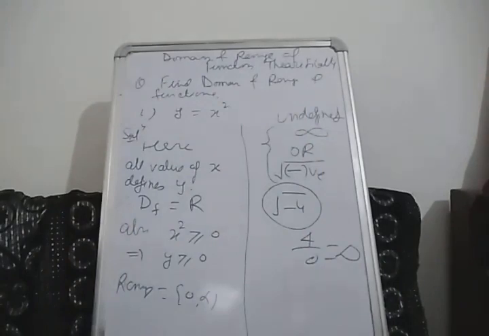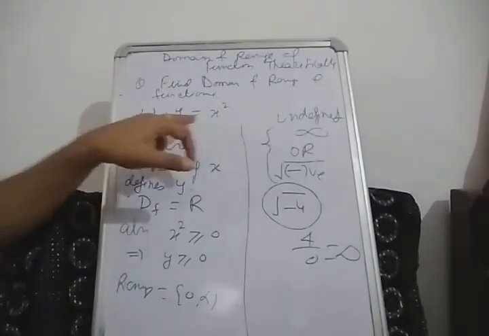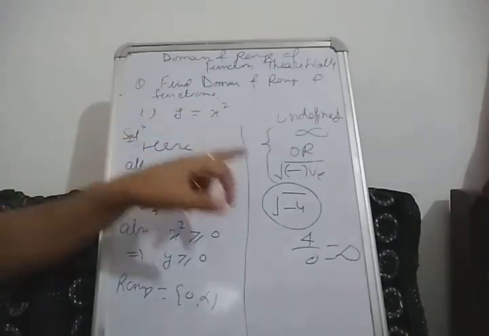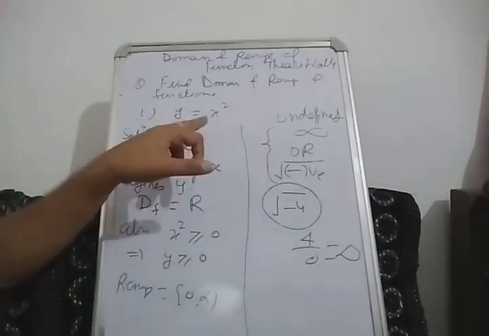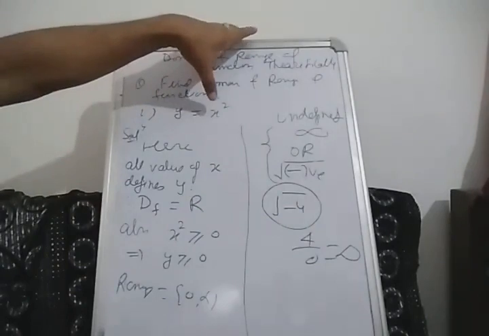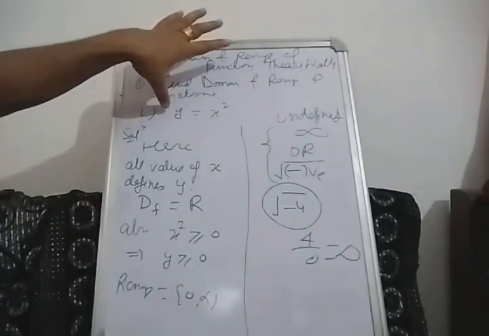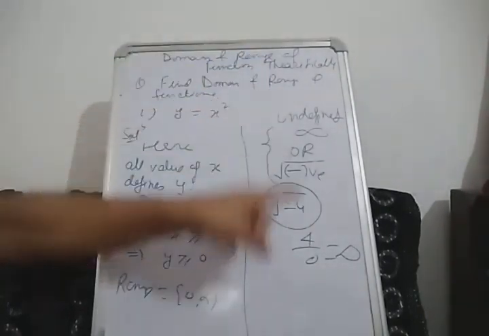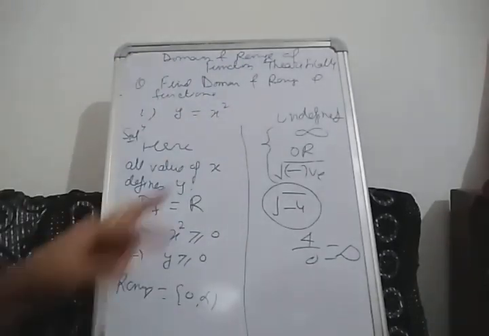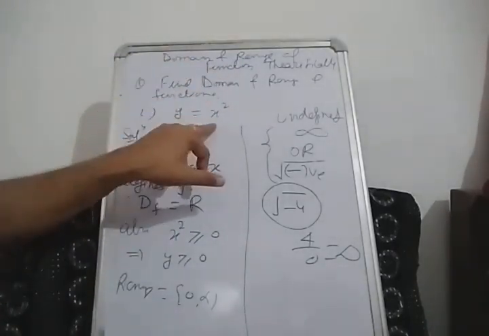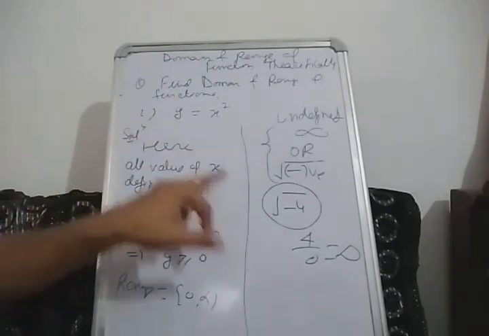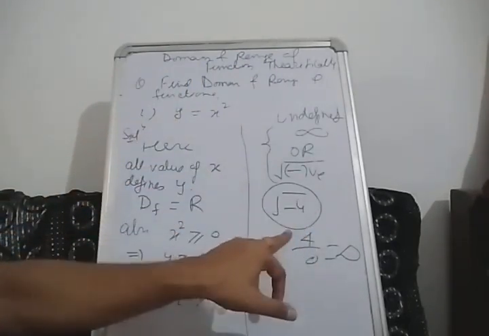Now for this question, what are the values of x, that is, what is the domain, so that y does not take any of these forms? Here clearly you can put any value of x and y will not become the square root of a negative.